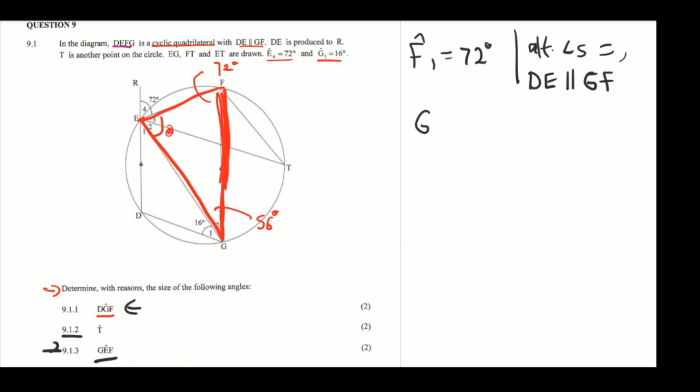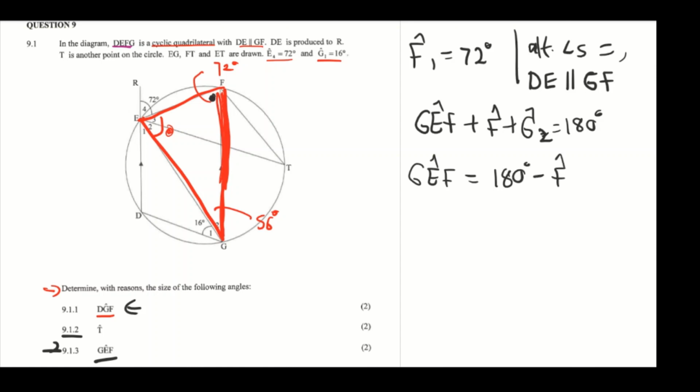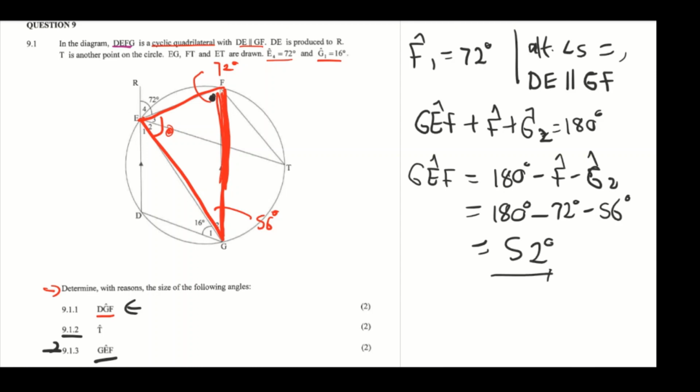So we're just going to say GEF plus F plus G2 is equal to 180 degrees, right? So GEF is equal to 180 degrees minus F minus G2, right? So meaning 180 degrees minus our F is 72 degrees, our G2 is 56 degrees. Please punch your calculator and you'll get 52 degrees.